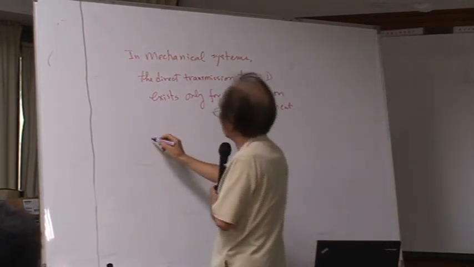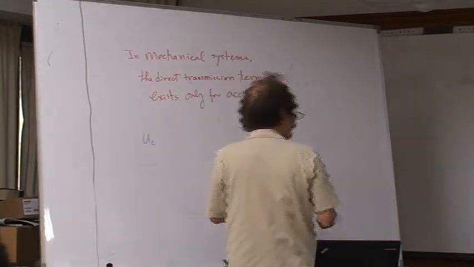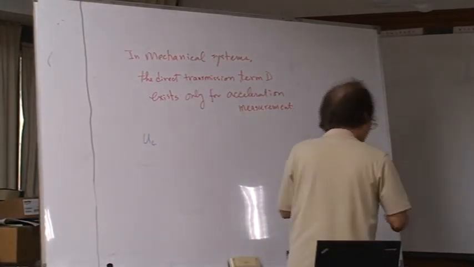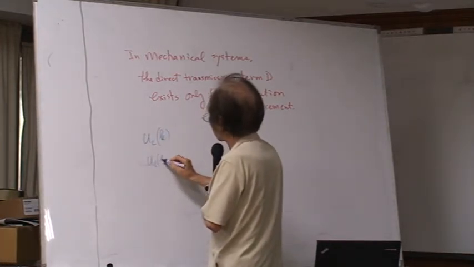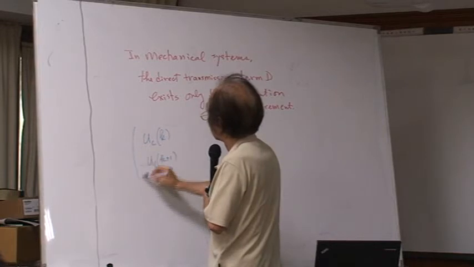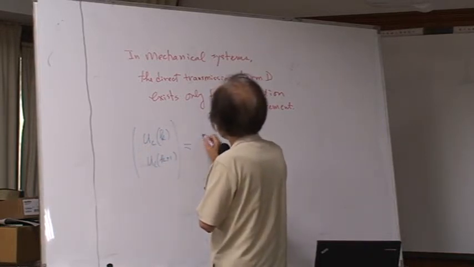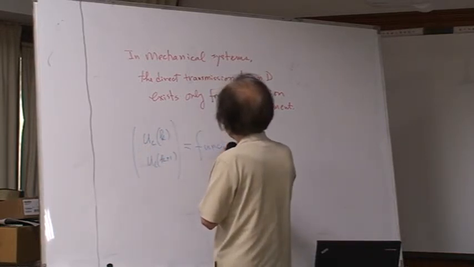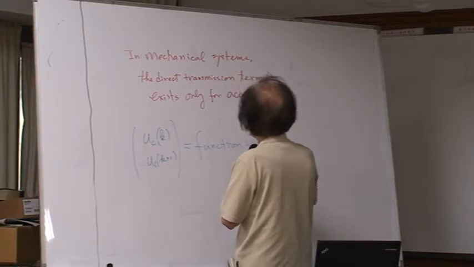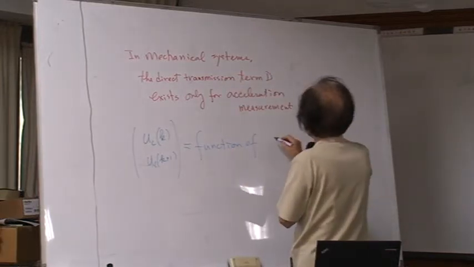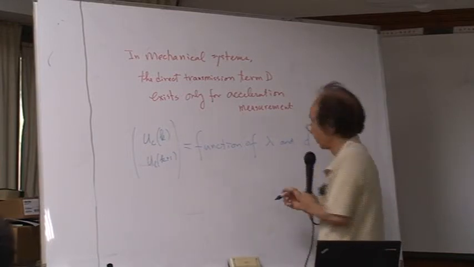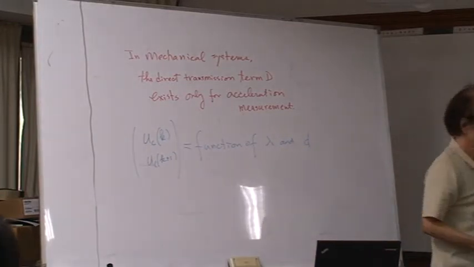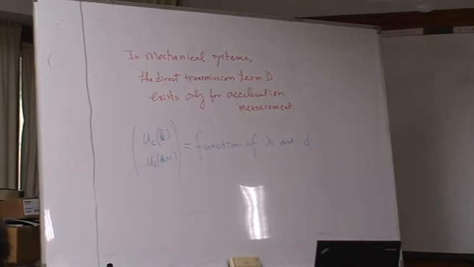You see K and you see K plus 1, and these are functions of lambda and D. I'm going to show you how important that is.